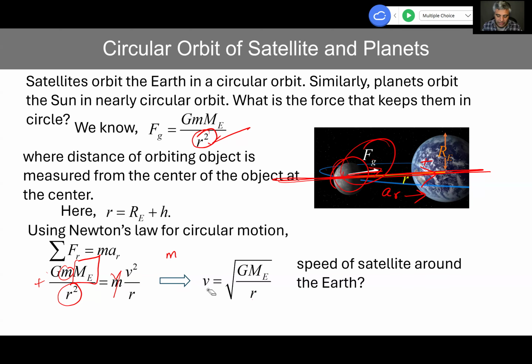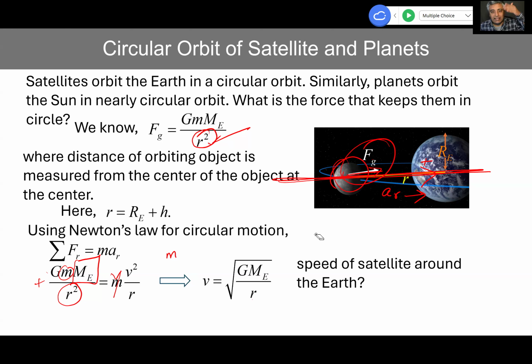Similarly, we can use the equivalent equation to find the speed of the Earth around the sun. When we're talking about Earth going around the sun, the Earth is a satellite of the sun. We call them planets, but these planets are like satellites for the sun.